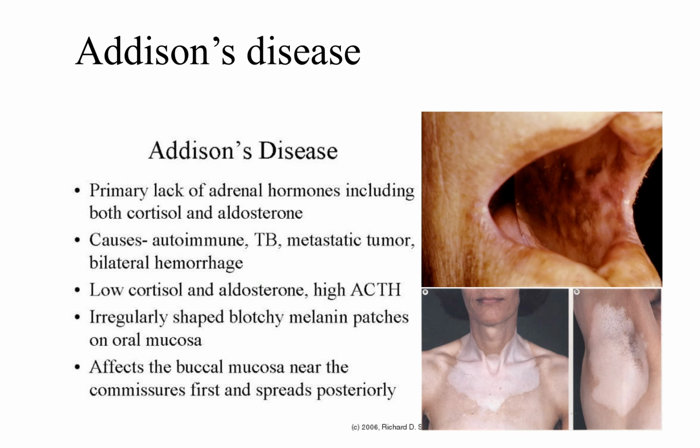We also have the opposite of Cushing's disease, which is Addison's disease. So Addison's disease is a lack of adrenal hormones, which includes both cortisol and aldosterone. It can be caused by lots of different things, but it is characterized clinically by low cortisol and aldosterone, but high ACTH. And the high ACTH and low endocrine products tells us that the body is at least trying to correct the issue.